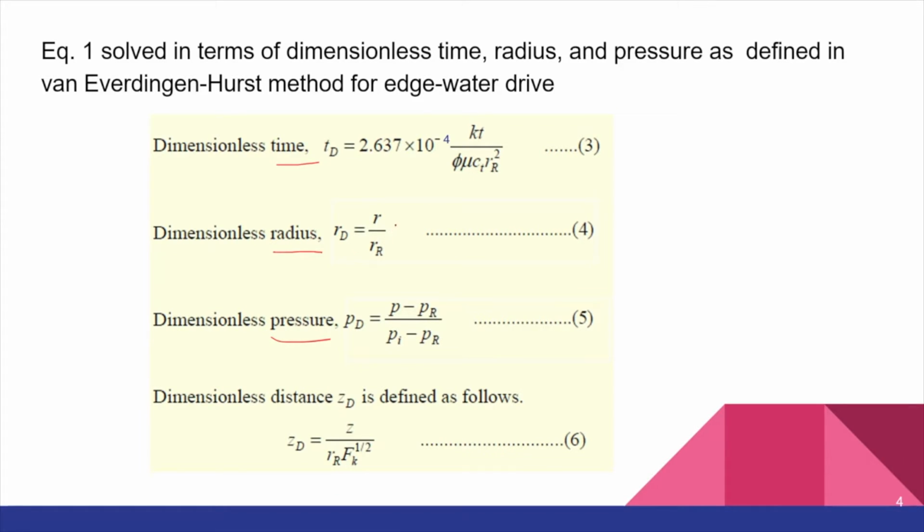And RD the same, R over Rr. PD is the same. And we introduce a new dimensionless variable, which is for distance, ZD. So ZD is Z over Rr, Fk to the power of 1 over 2, and Fk is Kv over Kh.